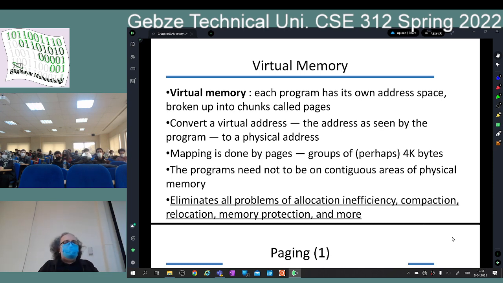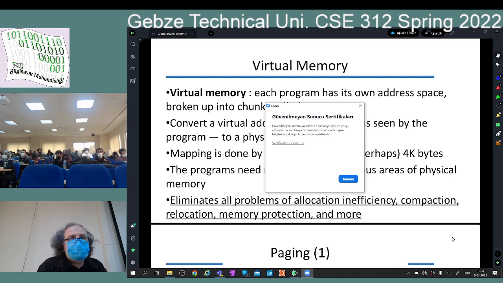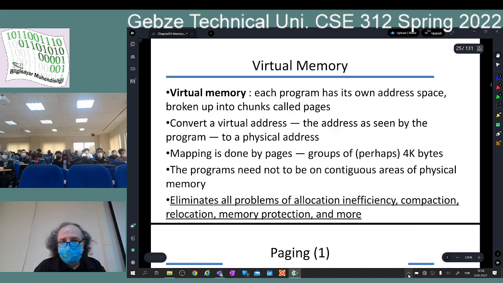All the paging will be done by the operating system transparently, without any knowledge from the program itself.